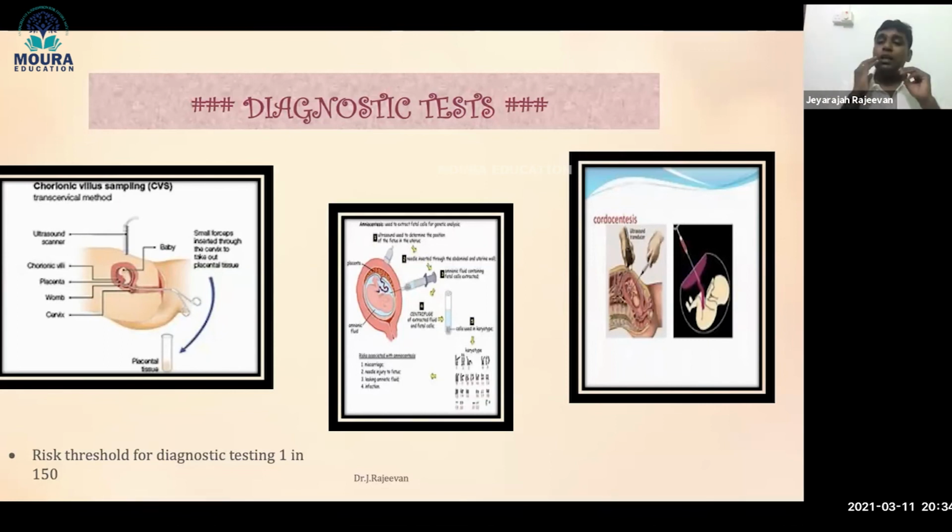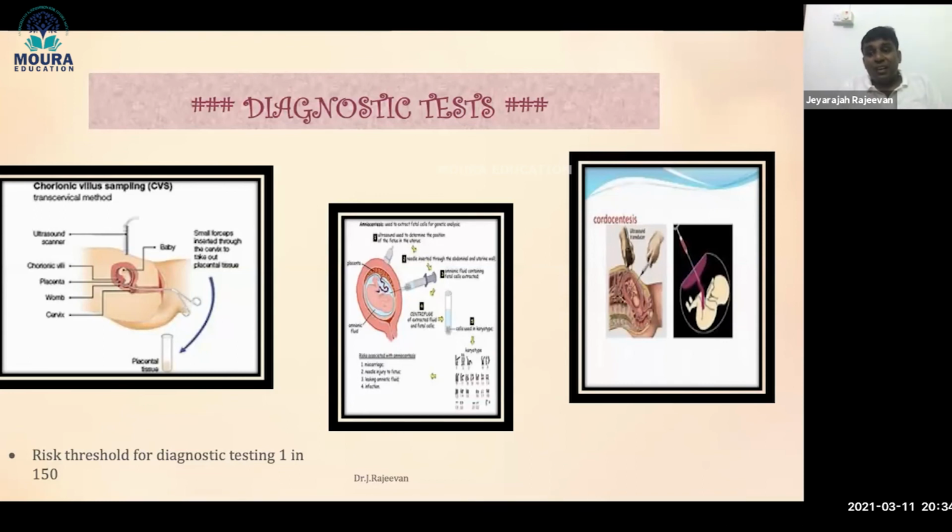Now, why are we having these three methods? Is there any difference between these three methods? Yeah, of course, there are differences. So what is the difference? If it is chorionic villus sampling, you can do it a bit early. By 10 weeks, you can identify the placenta and take the sample from it.